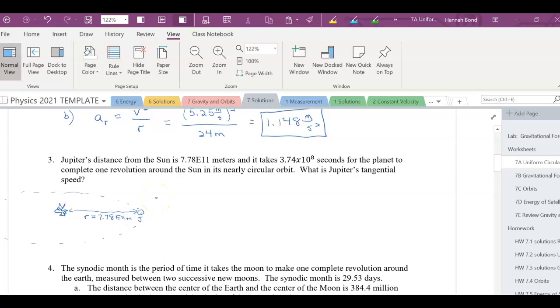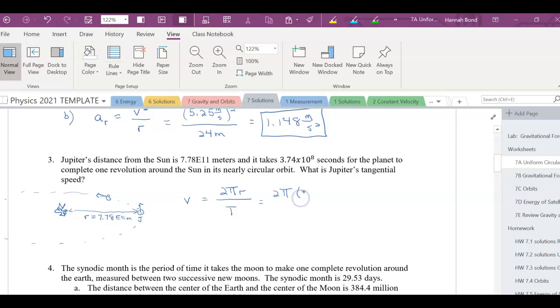And we know the time that it takes the planet to make one full revolution. They've nicely given that to us in seconds, which is a standard unit. We'd like to find Jupiter's tangential speed. In other words, whenever we look at it, that speed that's tangential to the circle, what is that speed? So the tangential speed equals the circumference, which is 2 pi r, divided by the period.